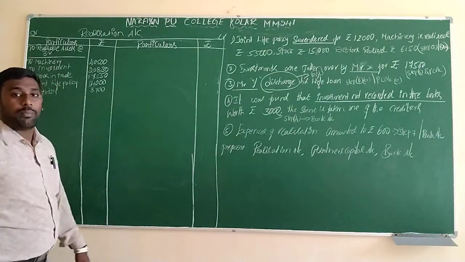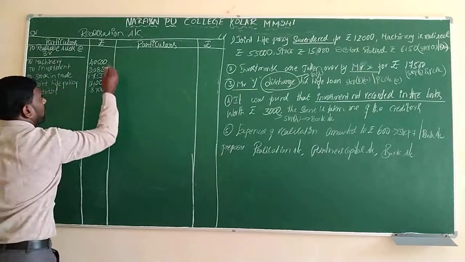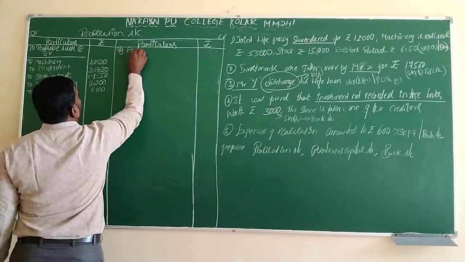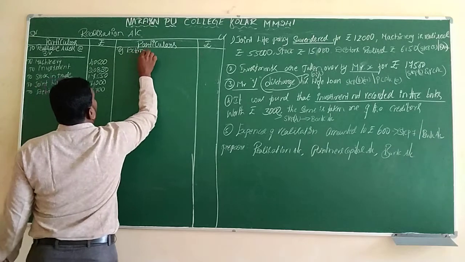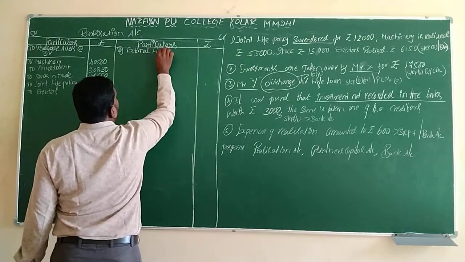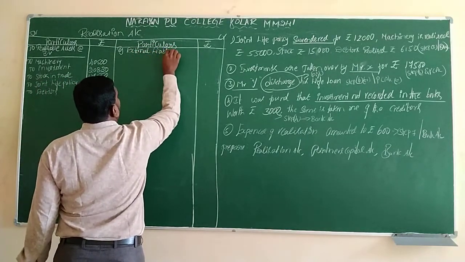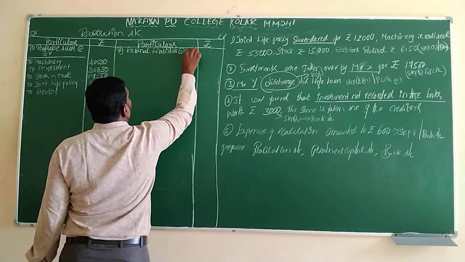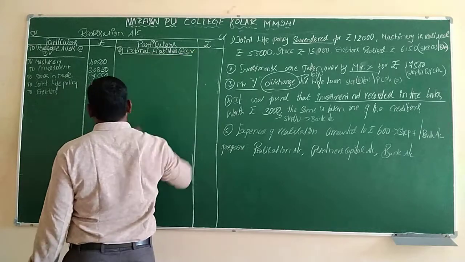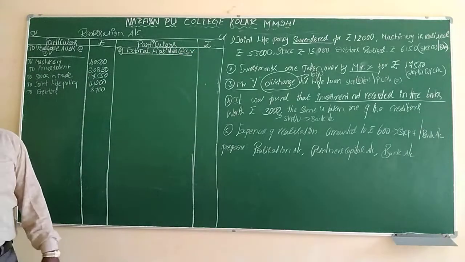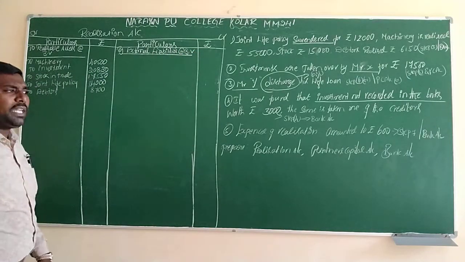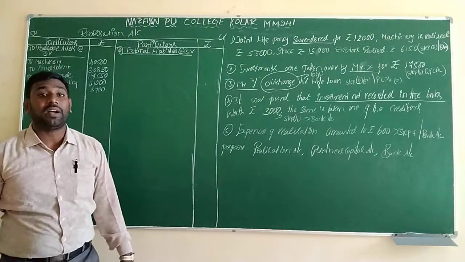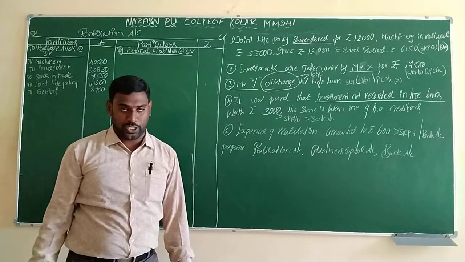Let's come to step number 2. Step number 2 always comes to the right hand side. We should write by external liabilities at book value. The company will have two liabilities that we already classified in the previous balance sheet.